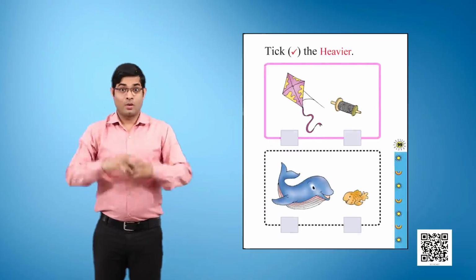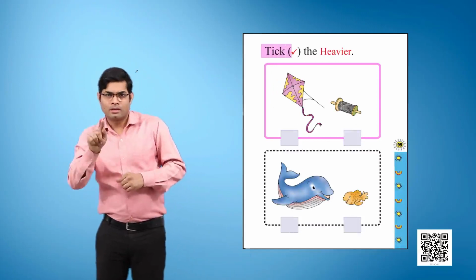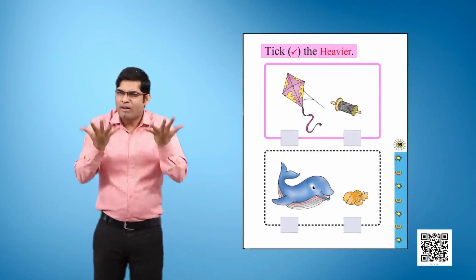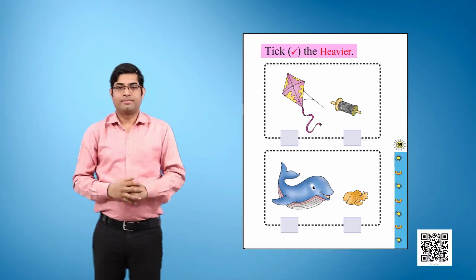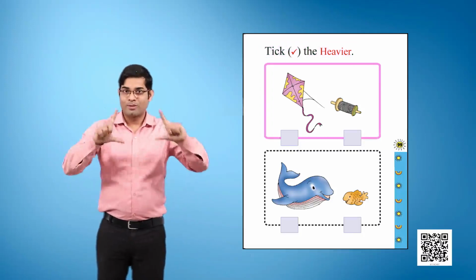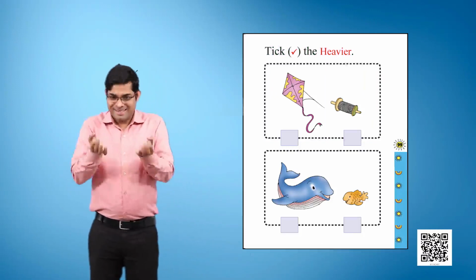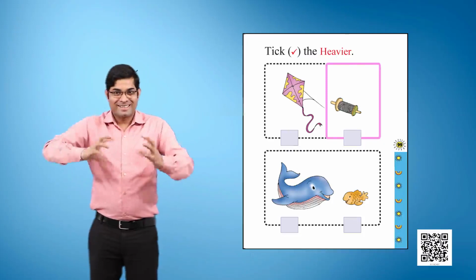Part 3, Question. Identify the heavier. Part 3, Picture 1 shows a kite and a charkhi with manja.